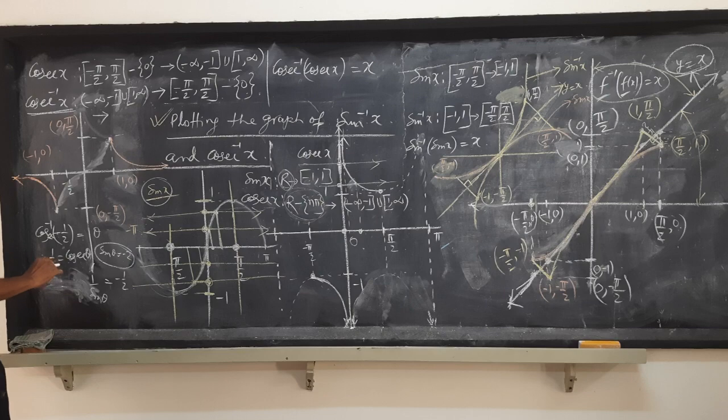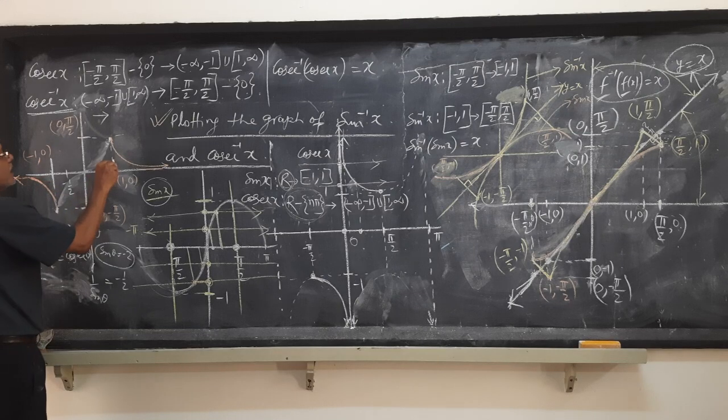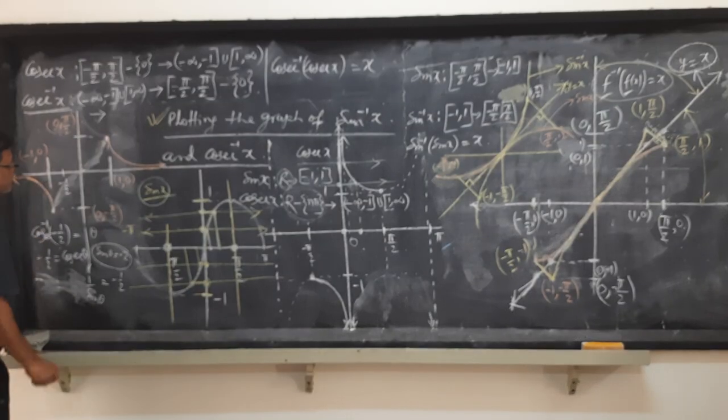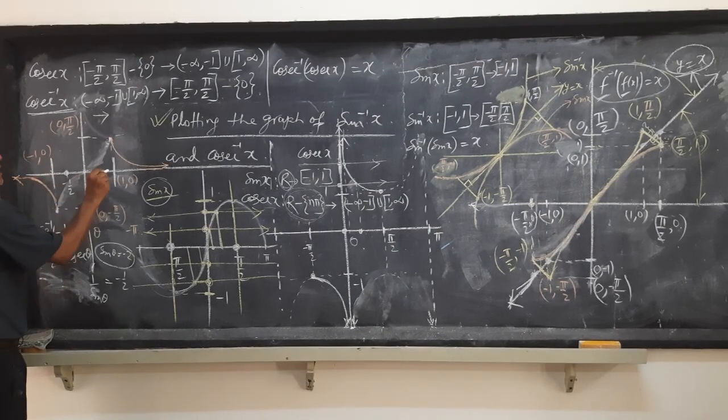So let me first explain what will happen if we consider any value of x between minus 1 and plus 1. I have taken an example: x equal to minus 1 by 2. You can take any value from minus 1 to 0 and 0 to 1 in order to explain why we are not taking values from here to here.